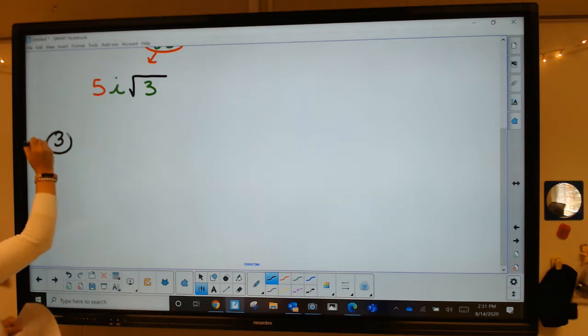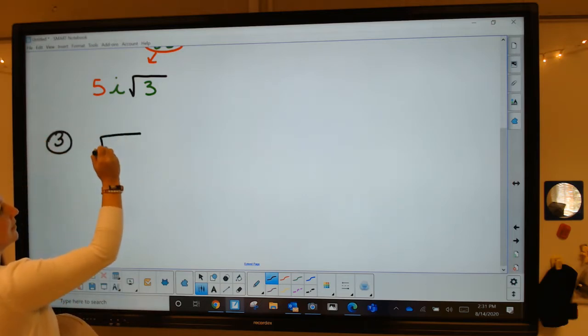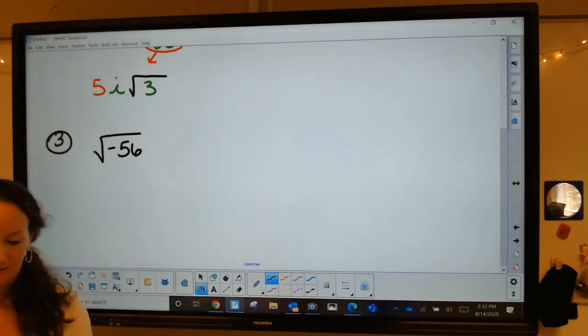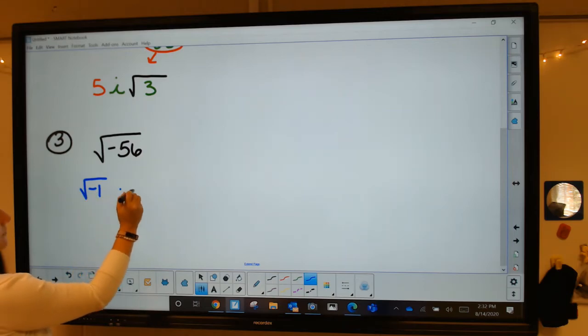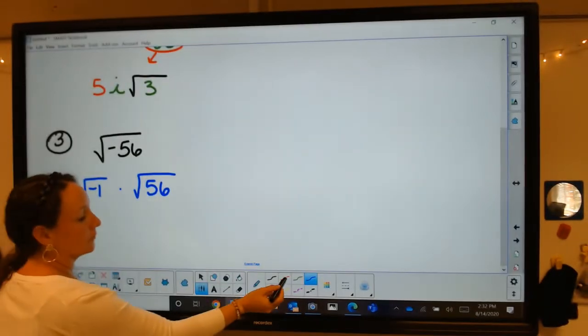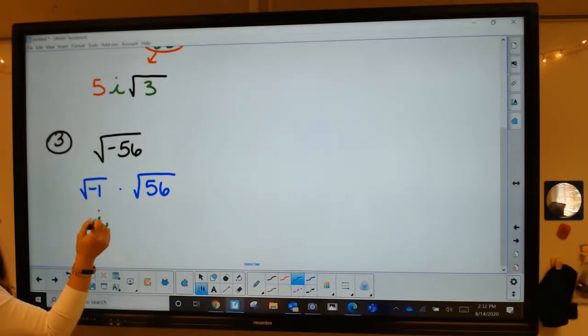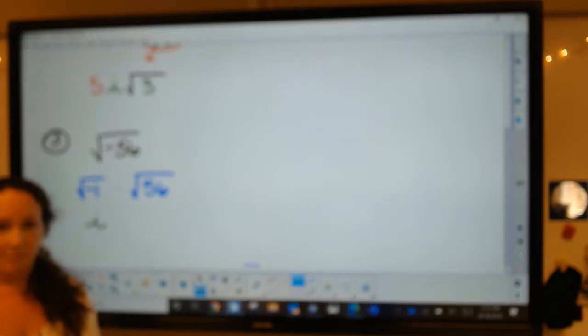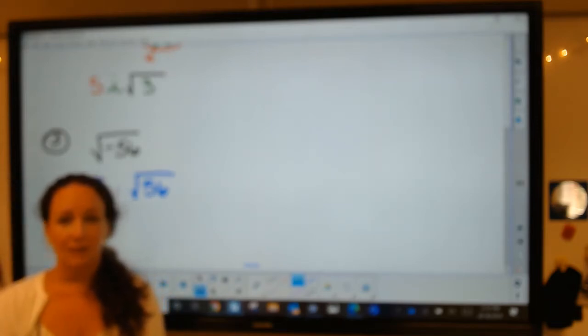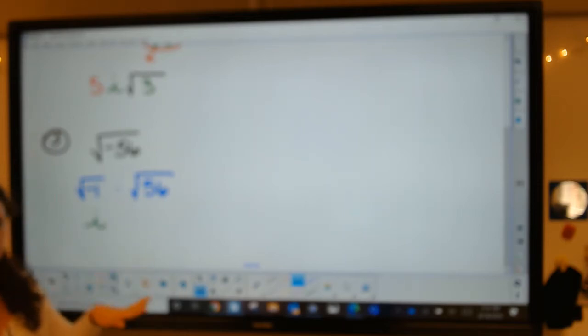Did that go okay? We're going to do it one more time. Maybe I went too fast that time. Let's try number 3. The square root of -56. So we separate the negative. The square root of -1 is i, so this is not negative any longer. So I can start breaking down 56. I can start dividing by the perfect squares, 4, 9, 16, however you want to do it, or you can break it into the prime factors.